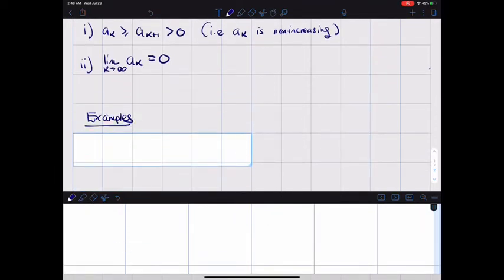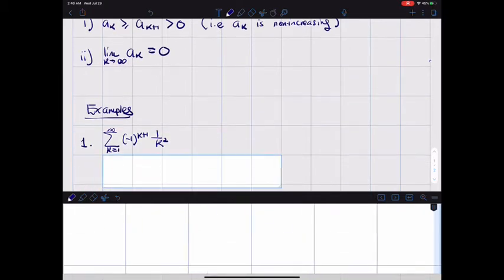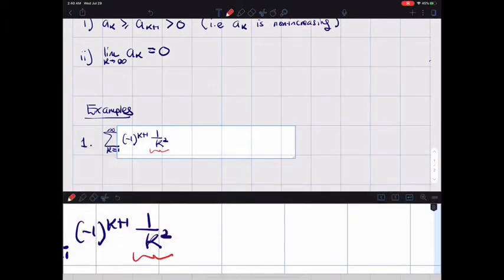Okay, the first example: the summation as k goes from 1 to infinity of negative 1 to the power of k plus 1 times 1 over k squared. Okay, let's look at this one. So this is our a_k.